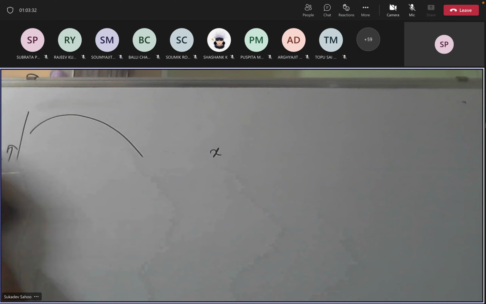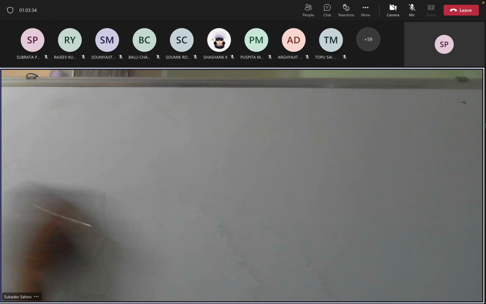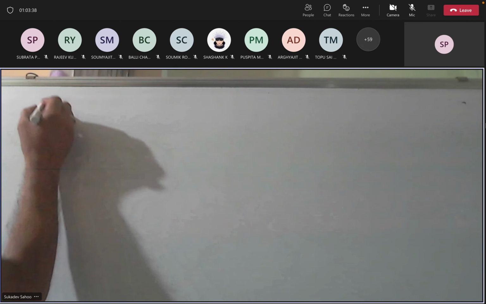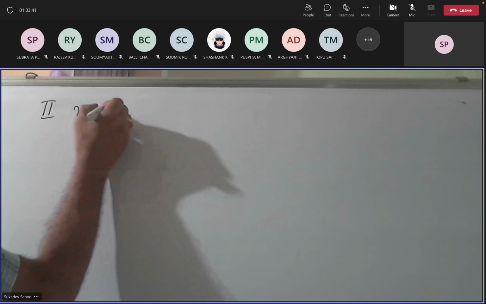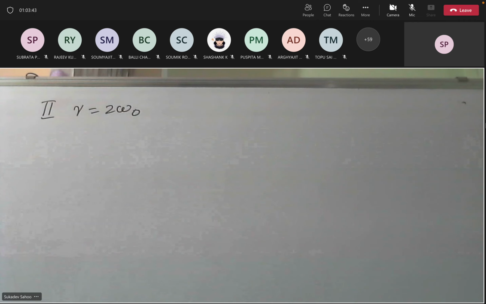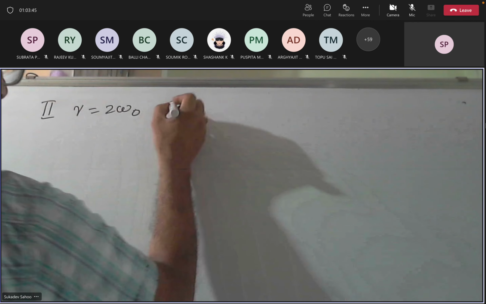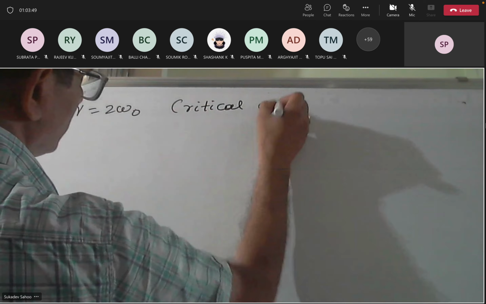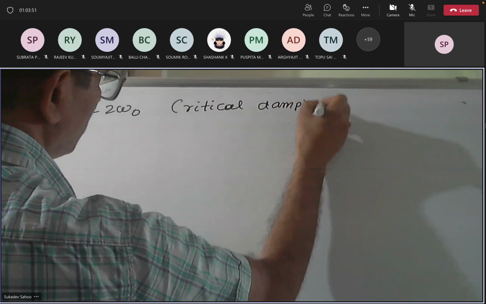In this case, damping is more, that is why it decays asymptotically. Now, when we consider case 2, that is gamma equal to 2 omega 0, this is the case of critical damping.